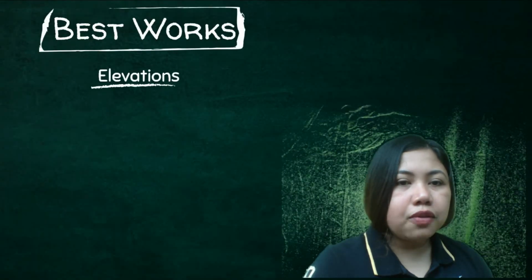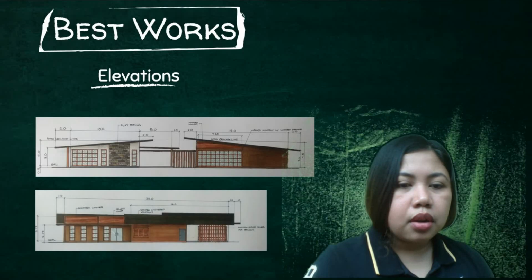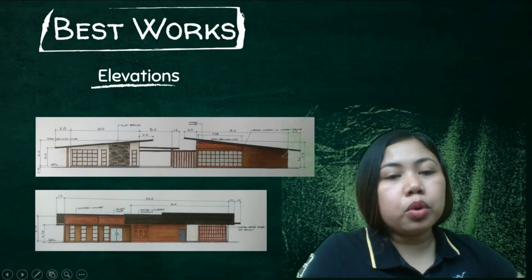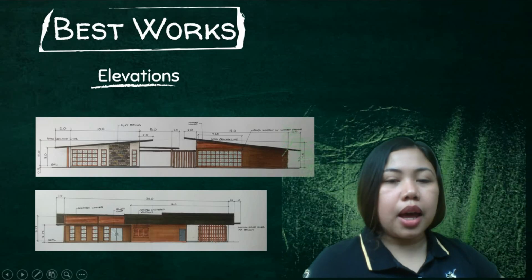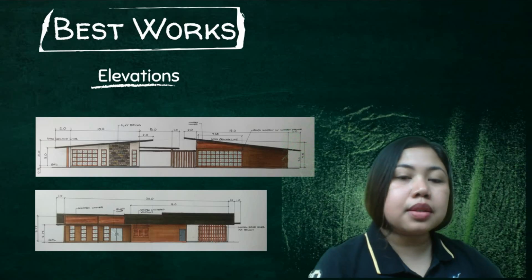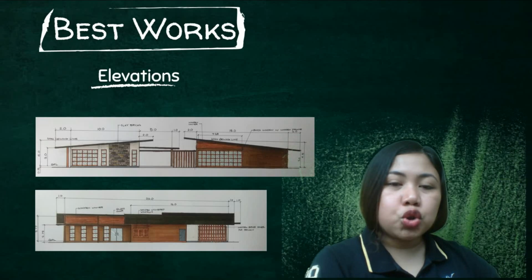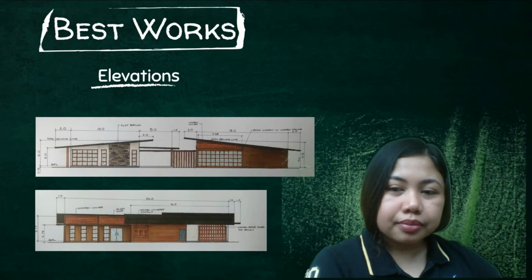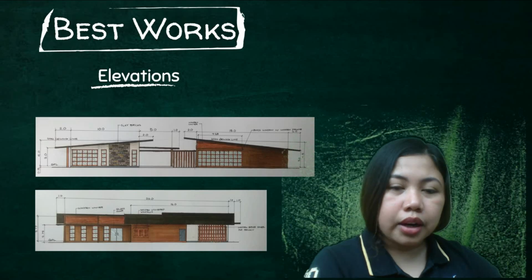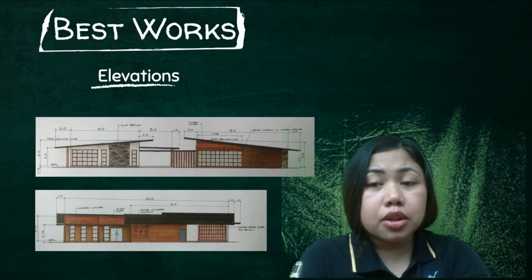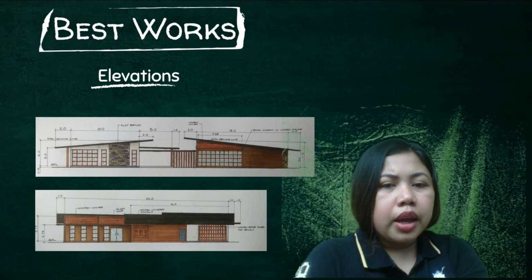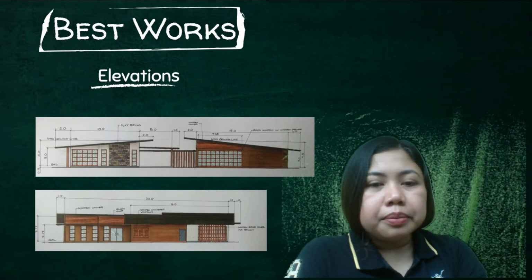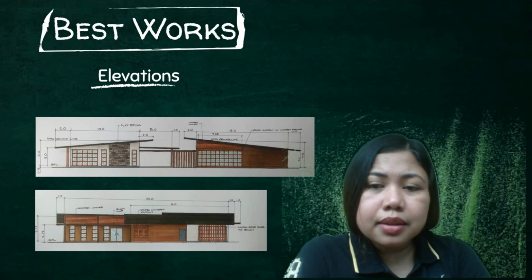So in terms of elevation, the one that I am looking for in a good elevation is the application of the elements of tropical architecture, the required architectural style. So I look for the application of louvers, brise-soleils.